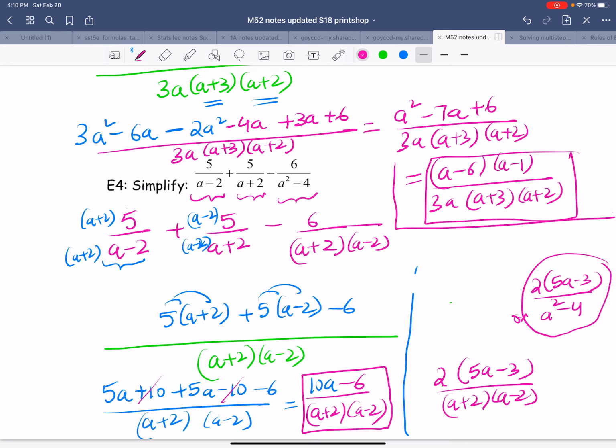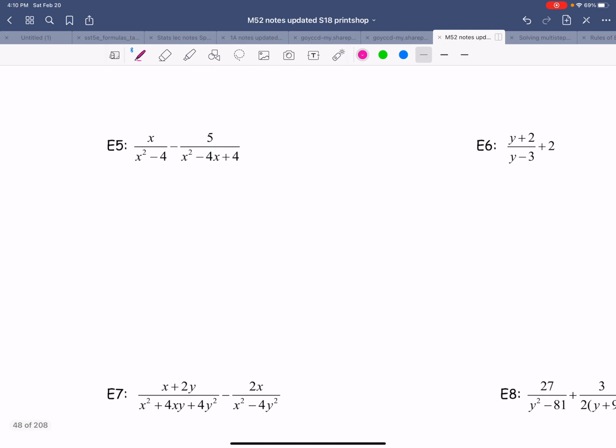Or you can also leave it as 10a minus 6 over a squared minus 4. All these are possible answers. They all are correct. They all are equivalent. And we cannot cancel anything between numerator and denominator again because we have a binomial and a binomial. We don't have any factors sitting in the isolated form.